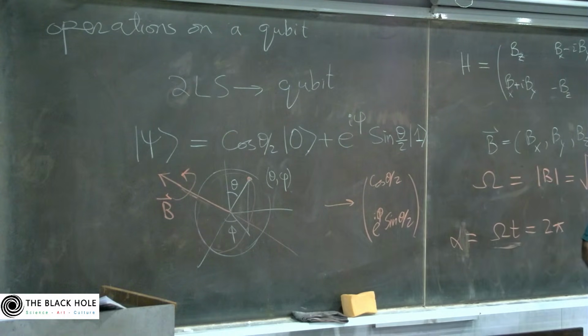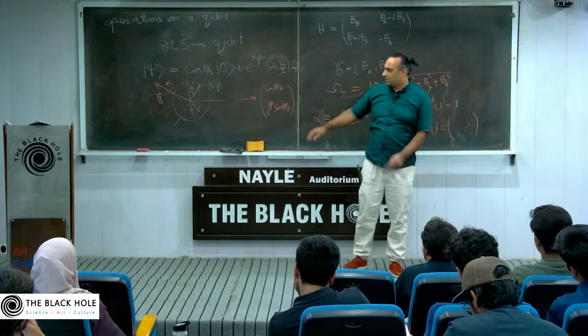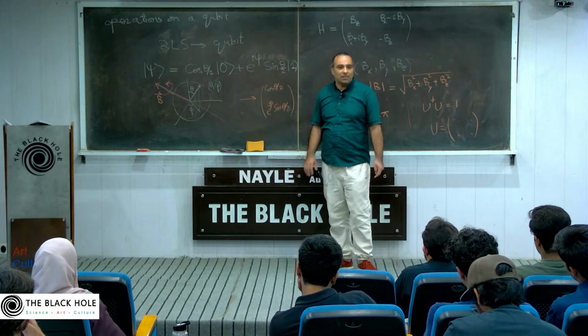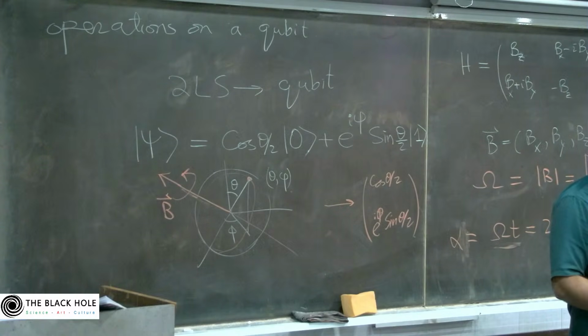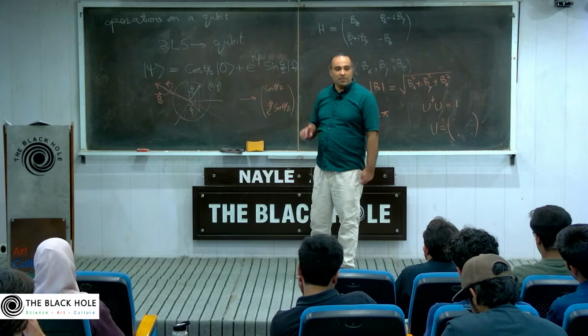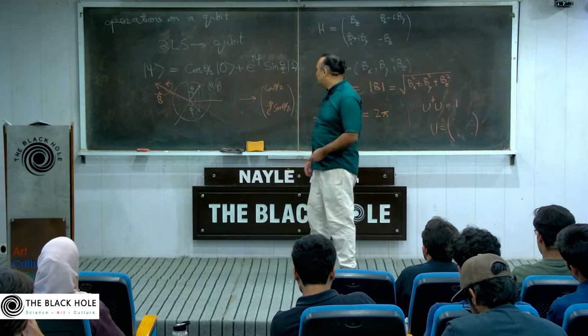You multiply that matrix with this vector and you get another state. So this is a transformation and this is an operation on the state of this qubit, in general. Usually we need some rotations.